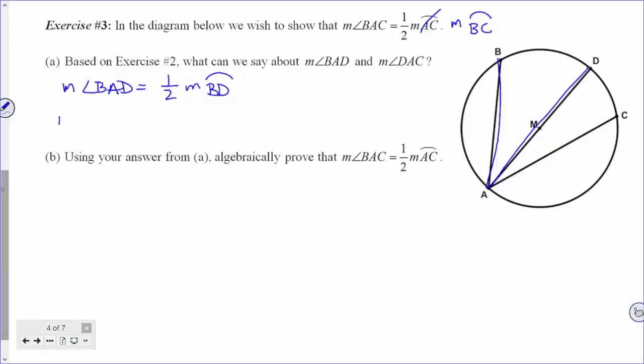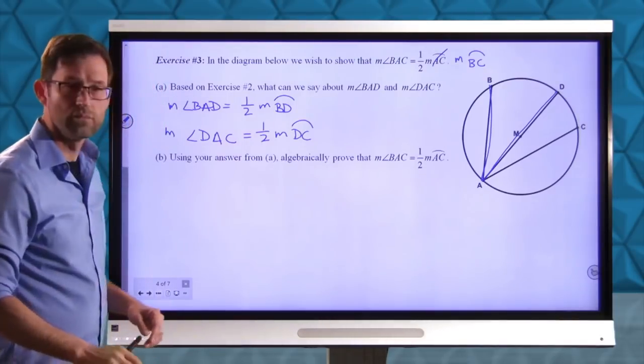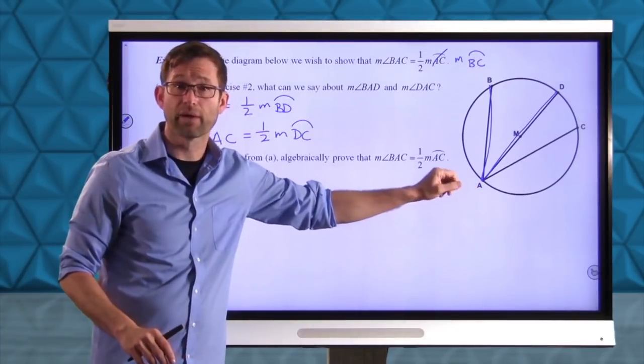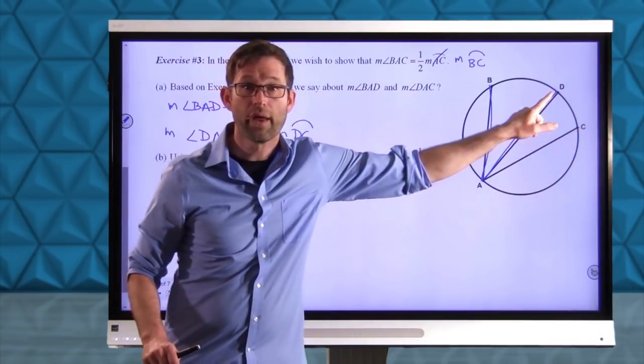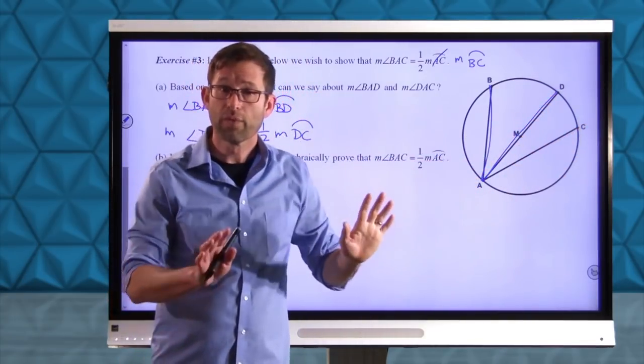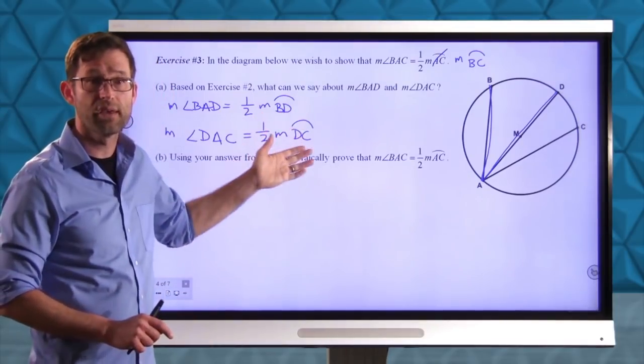But we can say the same thing about the measure of angle DAC. That's also 1/2 the measure of arc DC. All right? So again, that's that same case from exercise number 2. I've got one ray, and then I've got the other ray, which is a diameter. All right, so we've already proved it for those special cases.